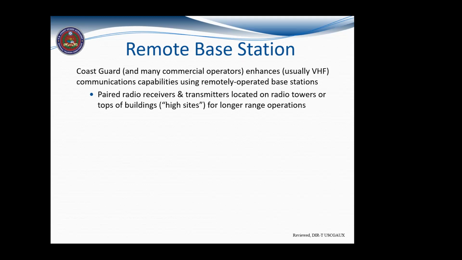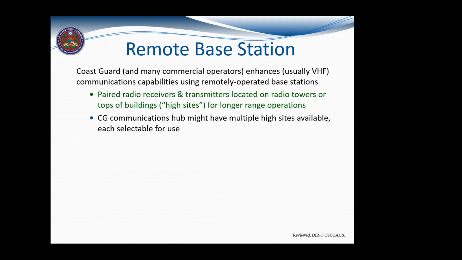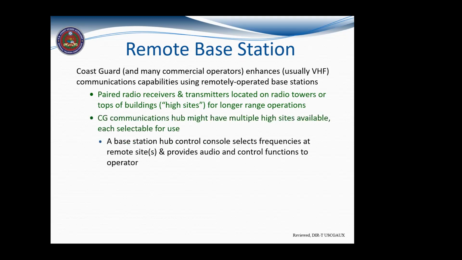So a radio receiver and transmitter are connected for long range operations. Sometimes they do this to put the sites on higher locations, bluffs or tall buildings. There used to be one on the Sears building in Chicago. It allows one watchstander to monitor multiple locations.